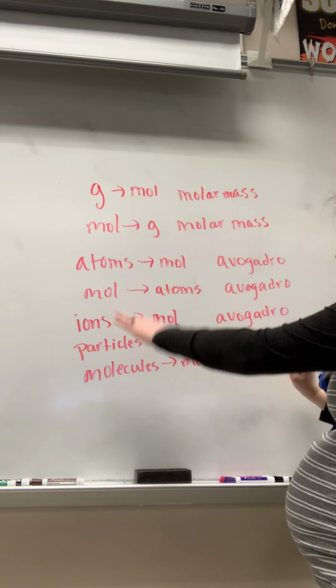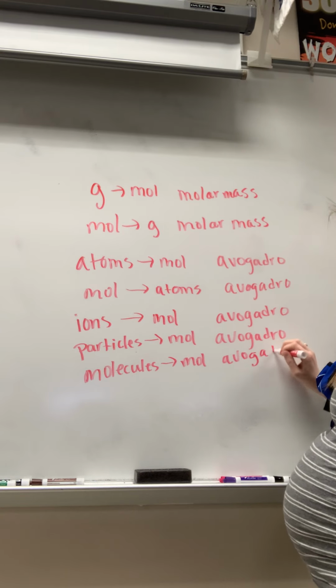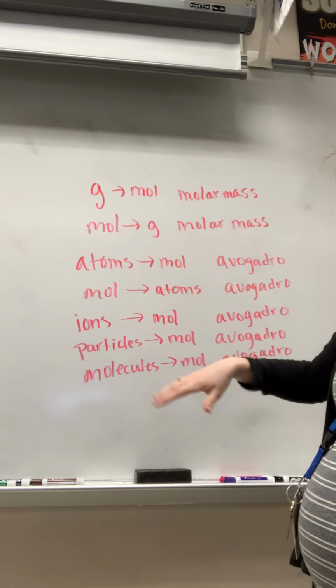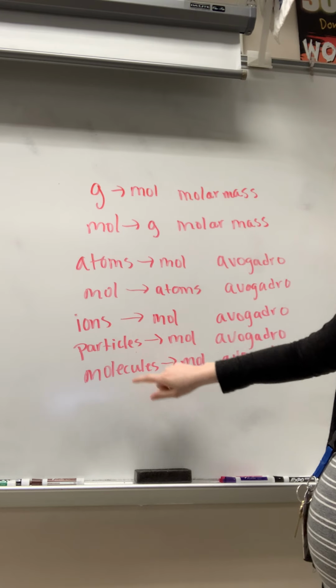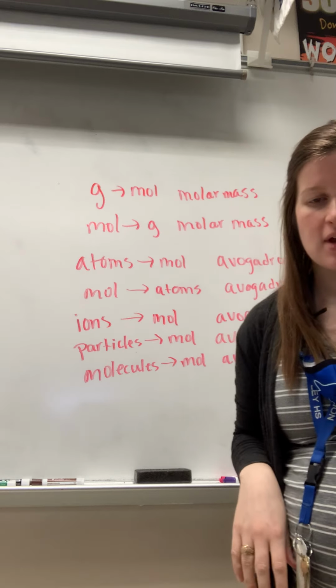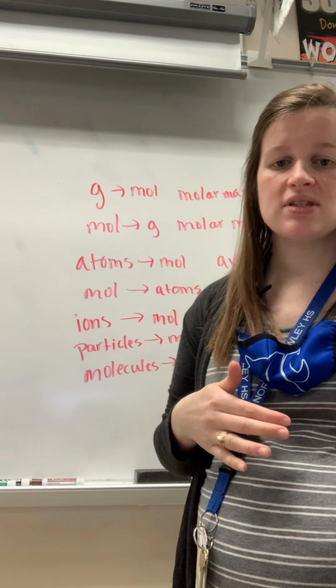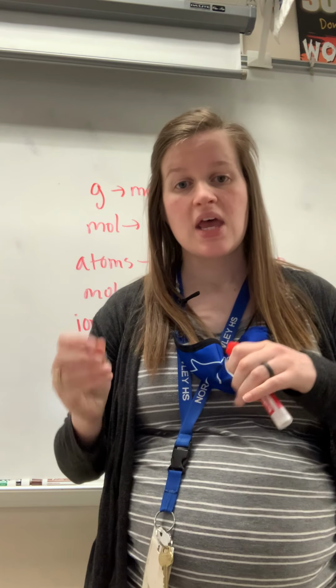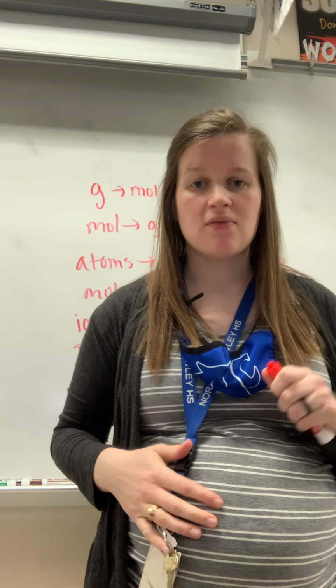All of these I could flip-flop and go from moles to those things, and I would still need Avogadro's number. So grams means molar mass; atoms, ions, particles, molecules means you need Avogadro's number. Now, that's just doing a one-step problem, going from moles to those things or from those things to moles. It's a one-step conversion.